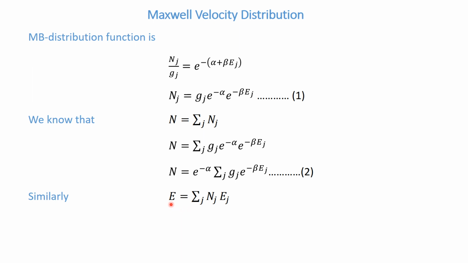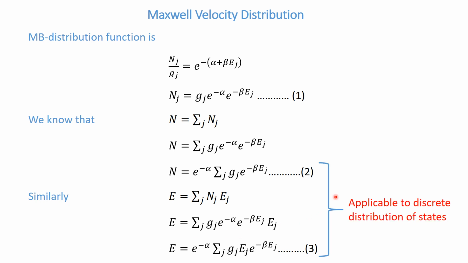So if we put the value of Nj from equation number 1 over here, we get this relation. And again, if we take this e to the power minus alpha out of the summation sign, we will get this relation.